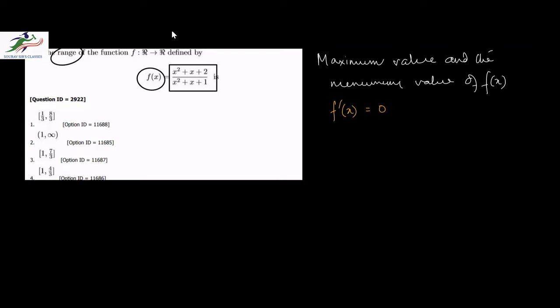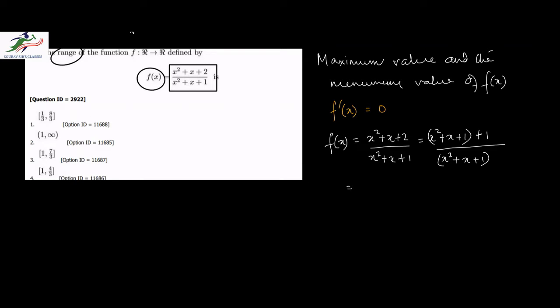So before we do that, let us simplify the given function. f(x) is given as (x² + x + 2) by (x² + x + 1). This can be written as (x² + x + 1 + 1) over (x² + x + 1), which is equal to 1 plus 1 over (x² + x + 1).